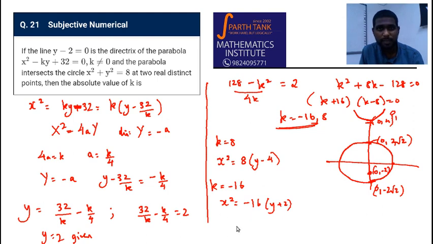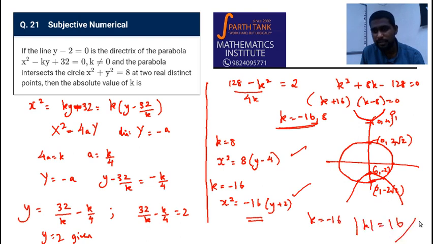X squared is minus 4ay form. So it is going to be like this. So this would intersect it exactly at 2 points. Alright. So of these two parabolas, this is the correct parabola. And therefore the correct value of k is minus 16. And the absolute value of k is plus 16. So the answer is plus 16. Alright.